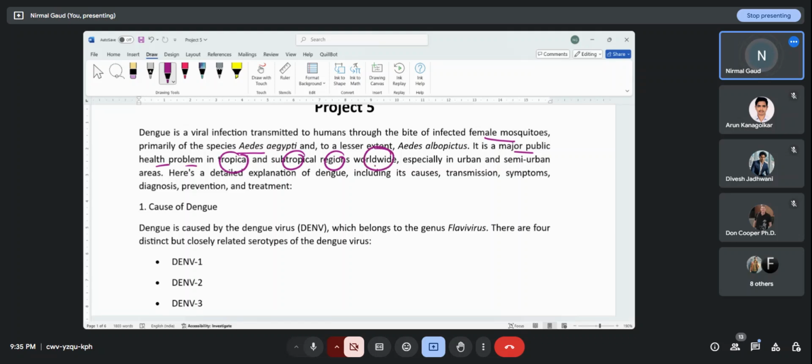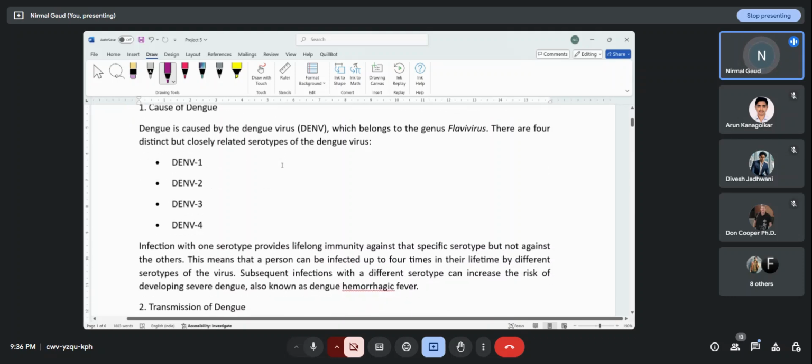If we talk about the areas here in India also, most probably after rainfall or during rainfall, such cases rise. In every city, such cases related to dengue rise.